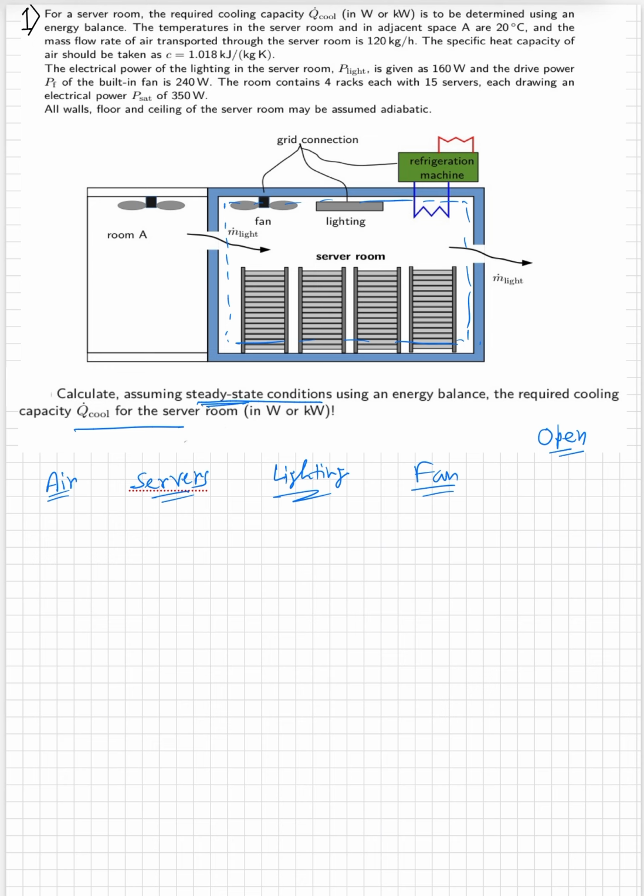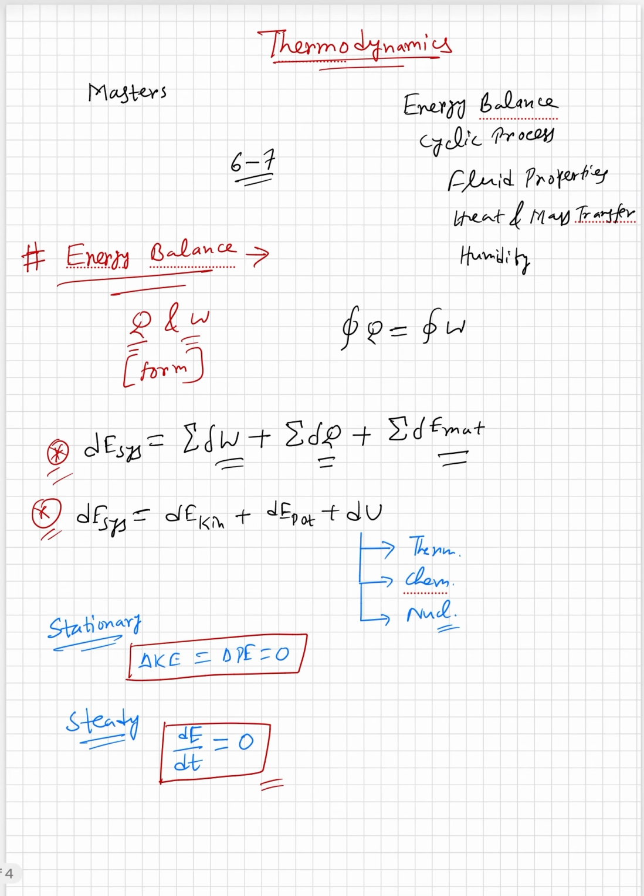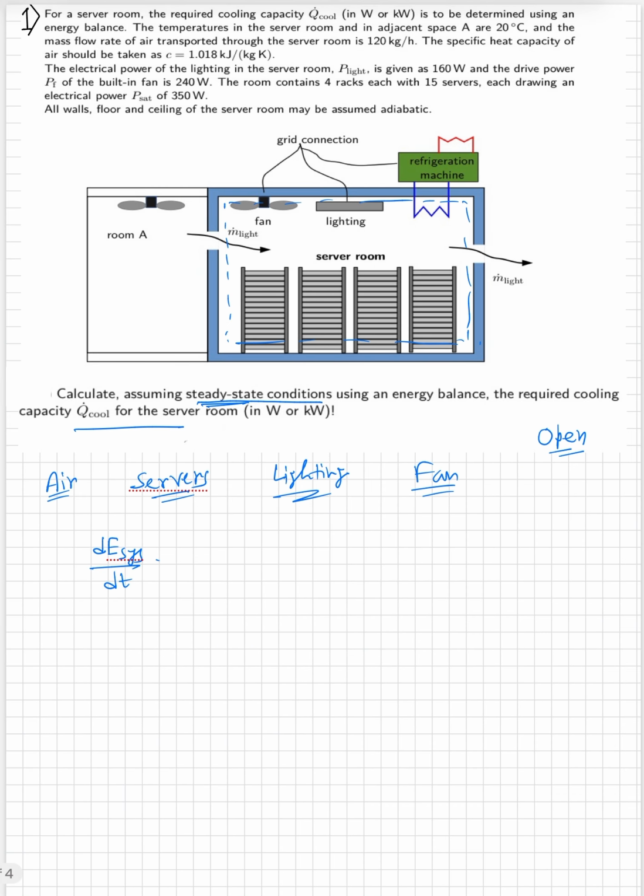So we can write out the equation for the steady state system. Like I already mentioned, in this question the dE system upon dt is equal to 0, and we can write out the energy balance such as summation of the heat transfer rate, summation of the work transfer rate, and summation of the material transfer rate. Why am I writing this with the dot?